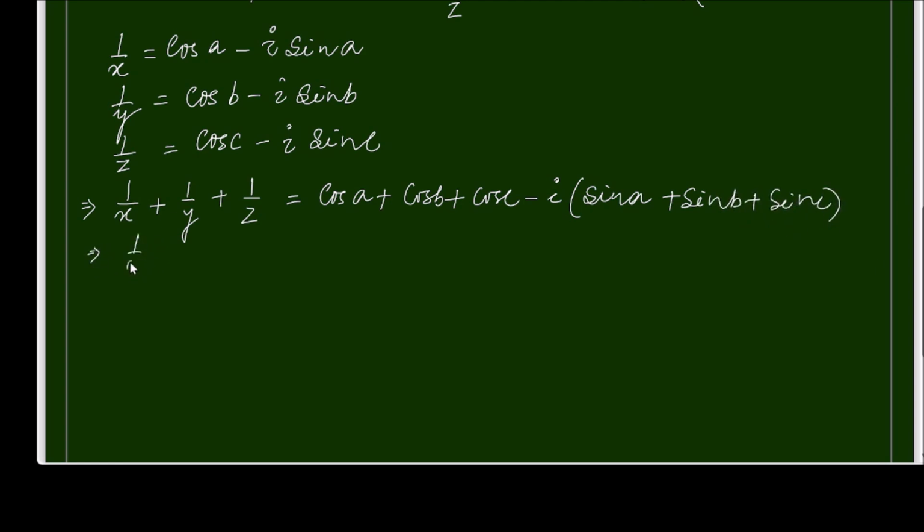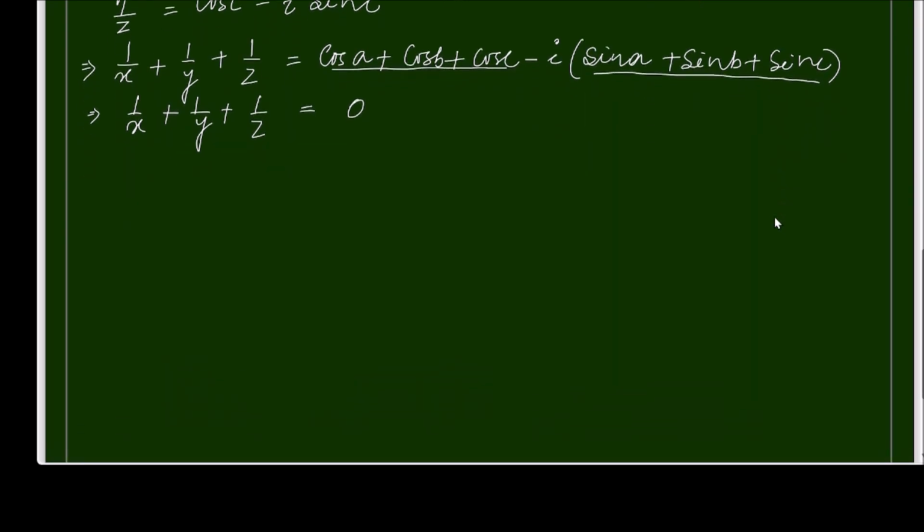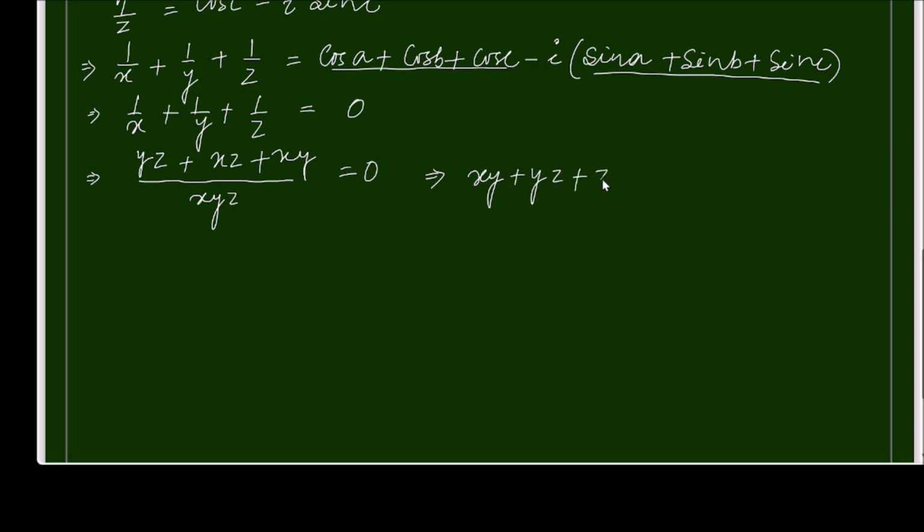So 1 over x plus 1 over y plus 1 over z is equal to 0, because cos A plus cos B plus cos C is 0 and sin A plus sin B plus sin C is 0, it's given. Now simplifying this expression, LCM is xyz. Here yz plus xz plus xy is equal to 0. This gives us the result xy plus yz plus zx equals 0.